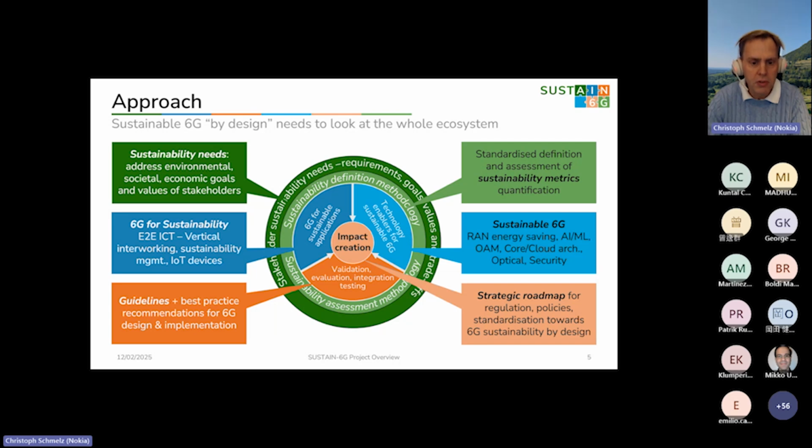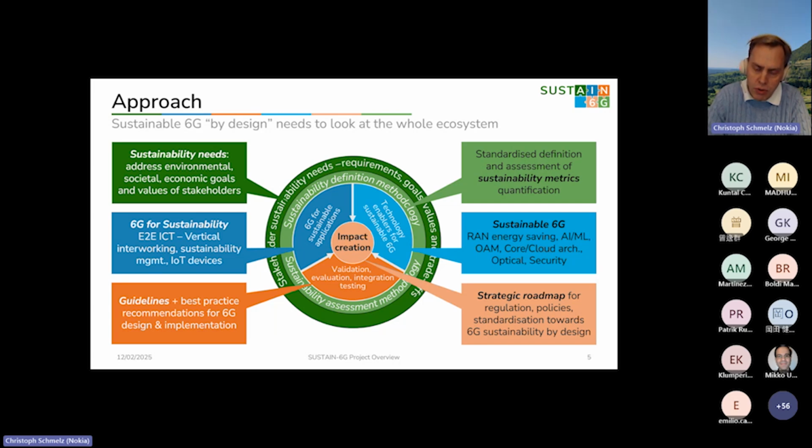So first one, the insights we get from the technical work, but also from the definition of the methodologies and processes. A key outcome will be to provide guidelines and best practice recommendations for the implementation. So here we really have the implementation perspective. But also the other side is what I mentioned beforehand, strategic roadmaps.